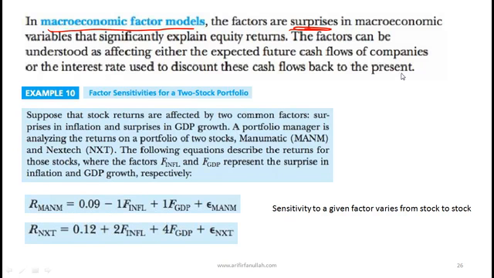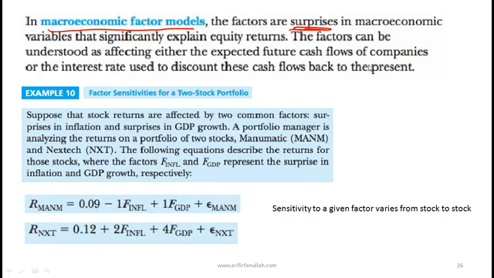So all we are saying is that we try to explain returns based on what? Surprises in macroeconomic variables. What do you think are the most significant macroeconomic variables that we use to explain stock returns?